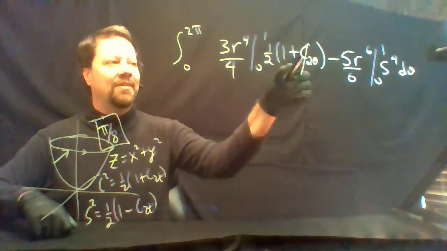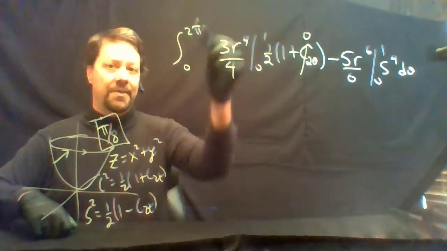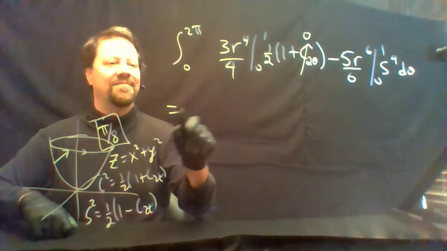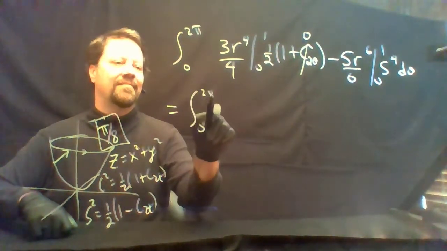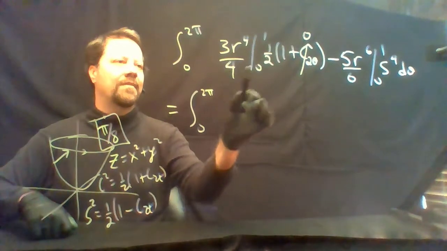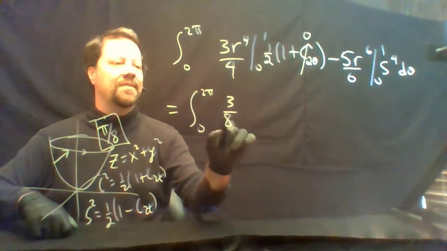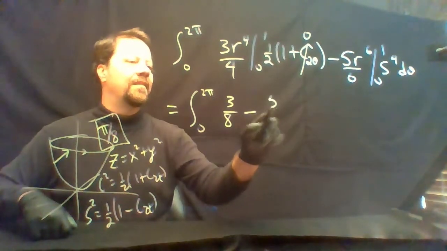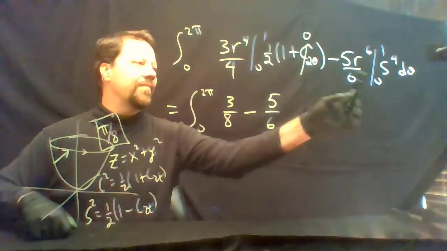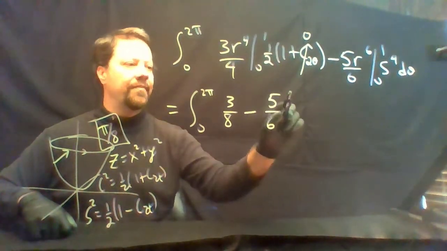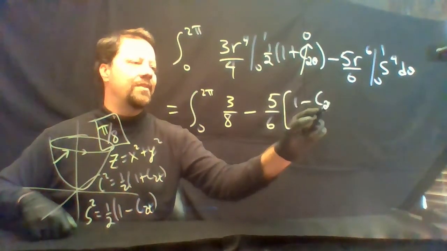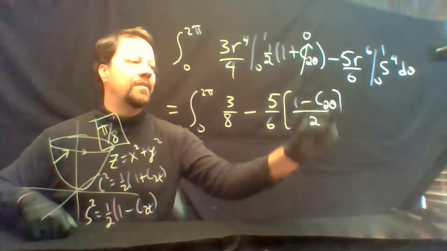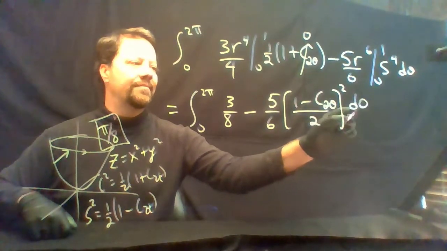You can see that the integral of cosine 2 theta from 0 to 2 pi will give you nothing. So far, we'll have 3/8 minus 5/6. Now the sine to the 4th, that's ((1 minus cosine 2 theta) over 2) squared.